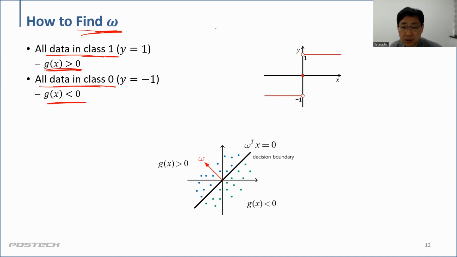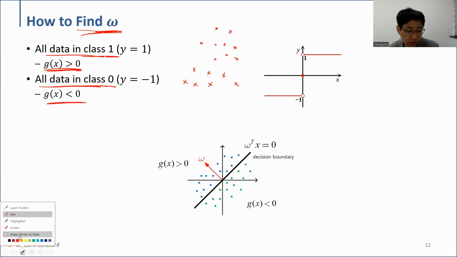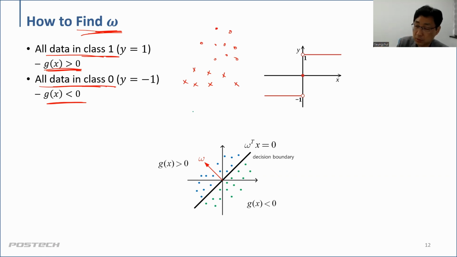What do you mean by that? So say we have one class like this and another class like this. Again, it's a linear classification problem, we want to find the classification boundary.